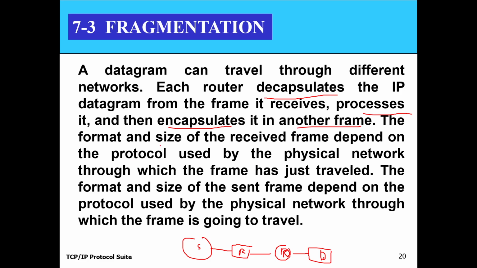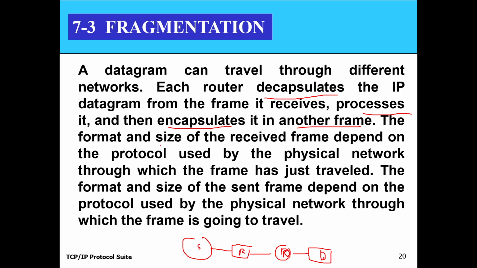Remember the frame level, and by the way, I said something wrong. Anybody captured that or no? I said that we change the source IP address and the destination. We don't. The source IP address, start to end, will be the same.